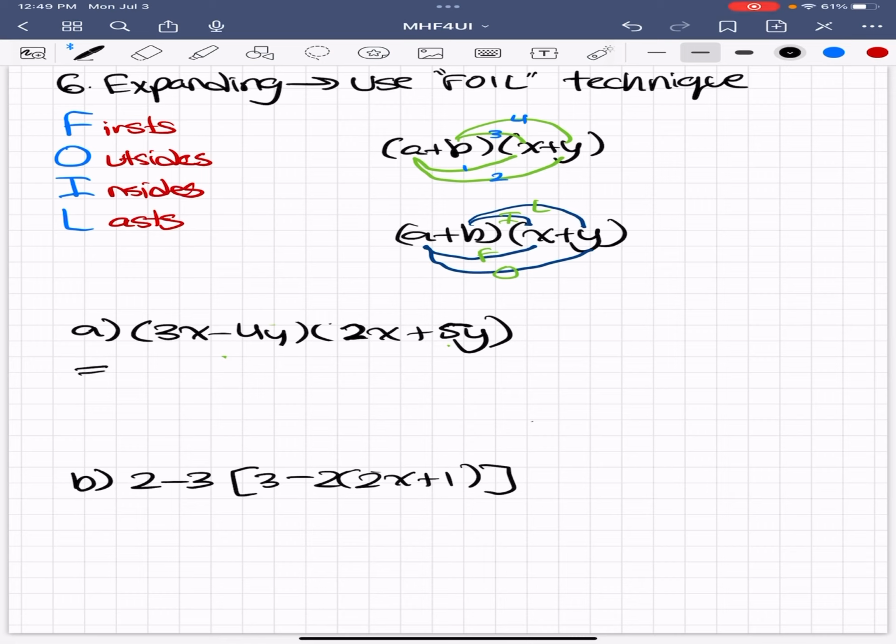3x times 2x is 6x. 3x plus 5 times 5y plus 15xy. 4y multiply 2x minus 8xy minus 20y squared.